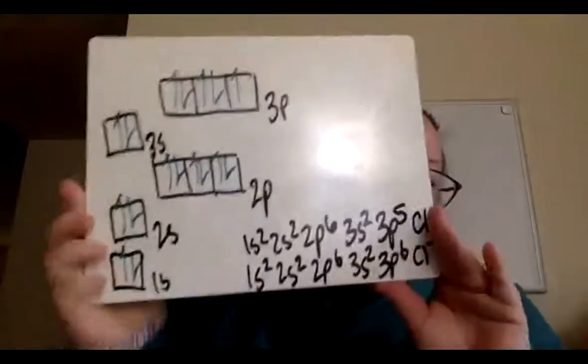Wait. Would it be 3p5? Yeah. Okay. So it would be something like this.